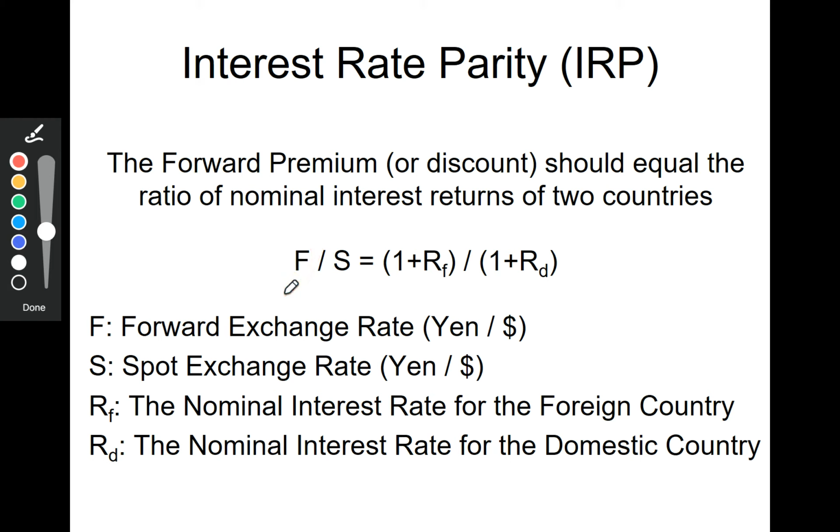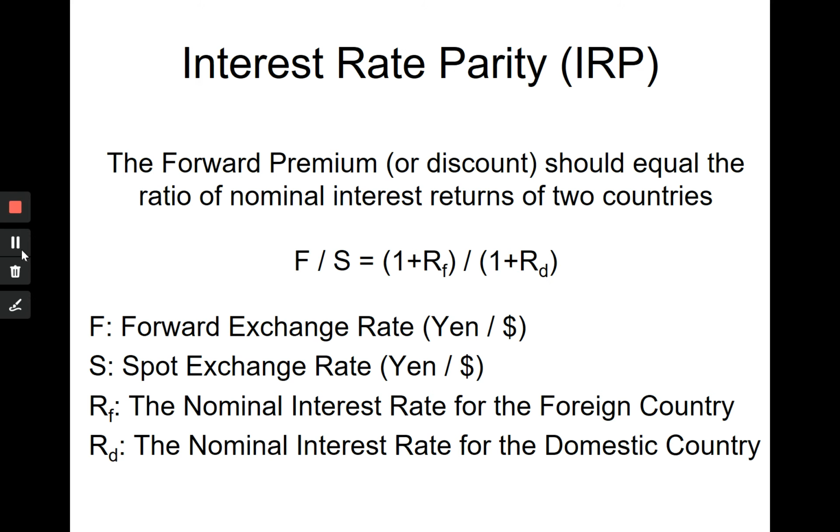And the time on this is 6 months from now. Then this interest should come for a 6-month loan in the foreign country, Japan, and this interest should come for a 6-month interest in the US. That right away tells you that 6-month interest rates are different.